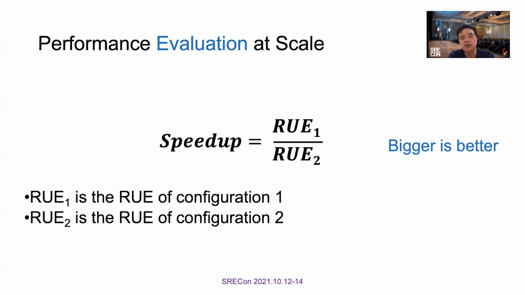The speed up is defined as the RUE of the first configuration divided by the RUE of the second configuration. So when you get a higher speed up, it is better. When you get a lower speed up, that means the change may bring in poorer performance. By using this equation, we can apply that to a large scale of software running on a lot of hardware.